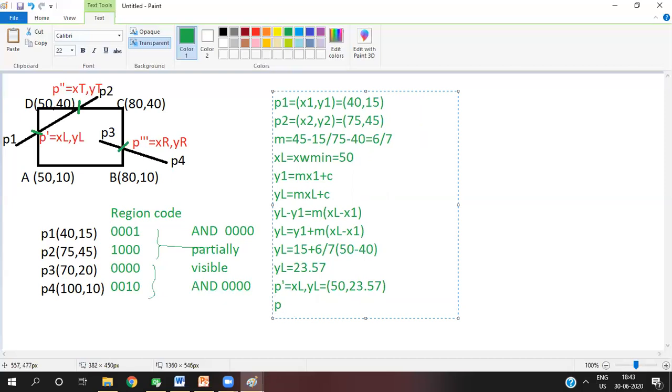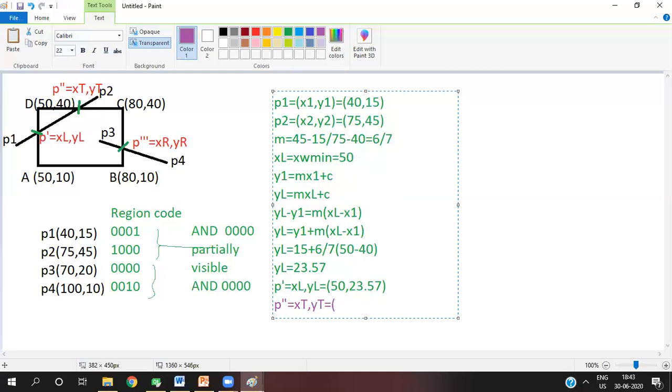P double dash is equal to xt comma yt. What is known over here?